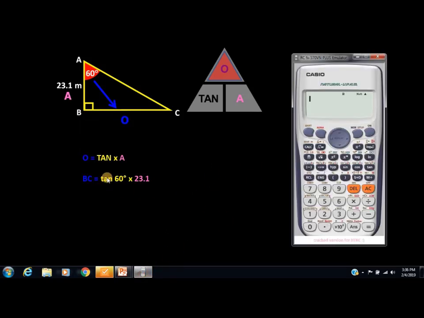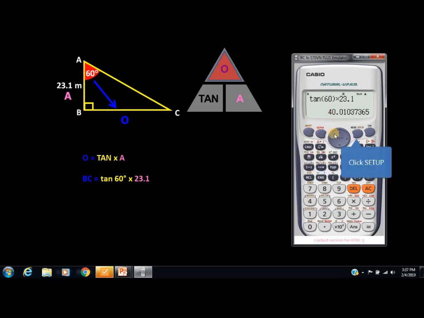So, tan 60, close the bracket, remember to close the bracket, times 23.1 and equals. Now there is the answer, but we don't want all the decimal points, we want one decimal place.